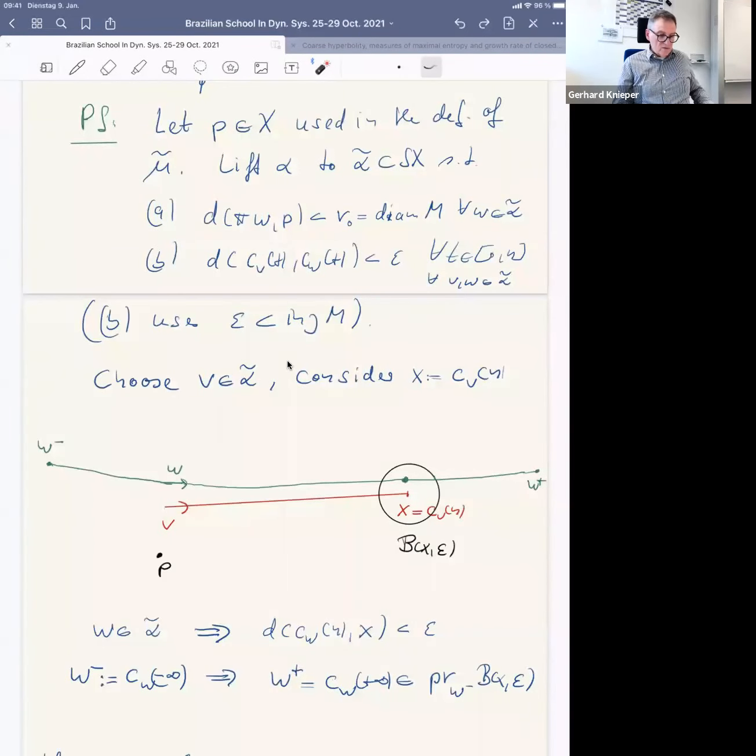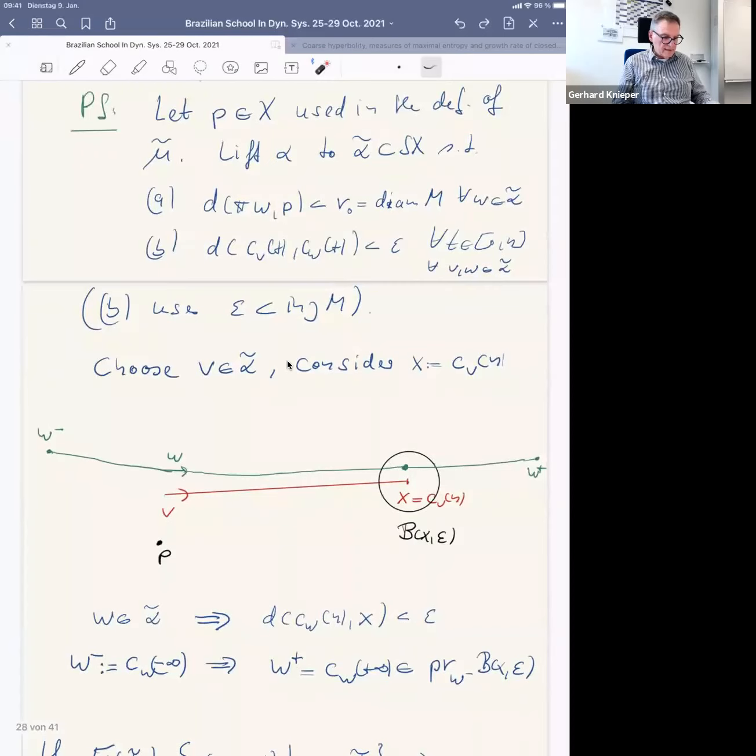And now you do the following. You look at the endpoints of this vector v, or better to say of this corresponding geodesic. And you get the minus infinity, so you get the past of this vector. So this is c_w(minus infinity).